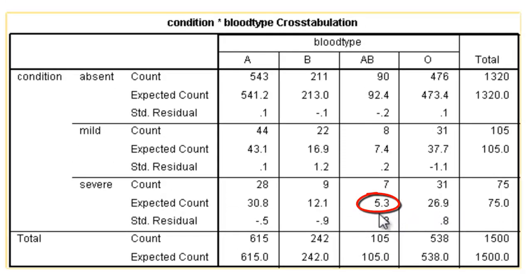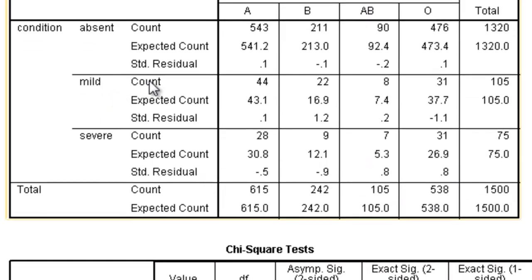And we've got 5.3, which is heading that way, but nothing below 5. And we can see the standardized residuals for all the cells are quite small, the largest one is minus 1.1, so very unlikely to have a significant chi-square value, and that's what we also thought from looking at the bar chart, if you remember, at the beginning.